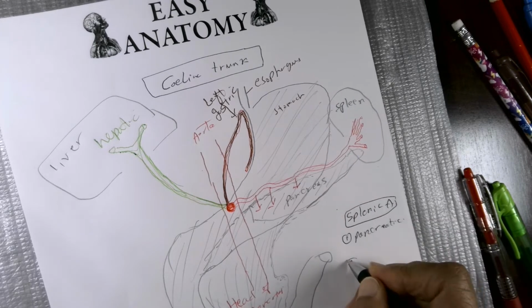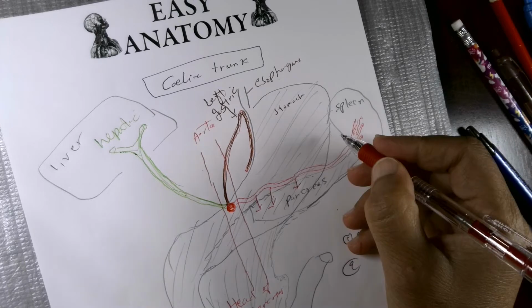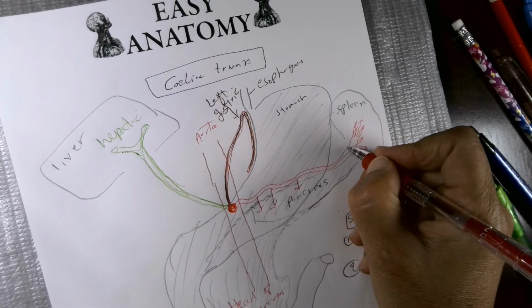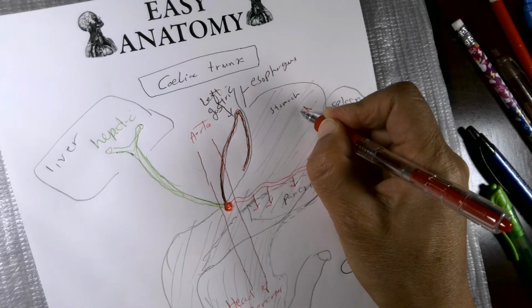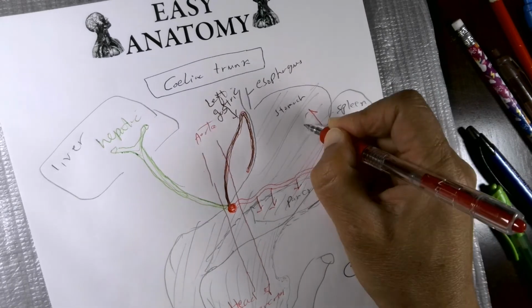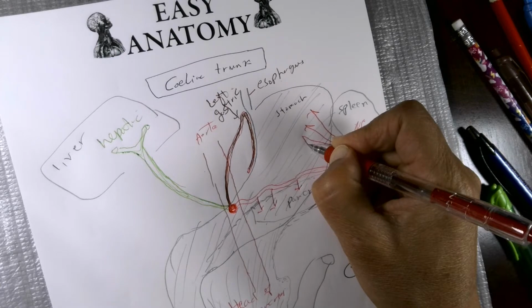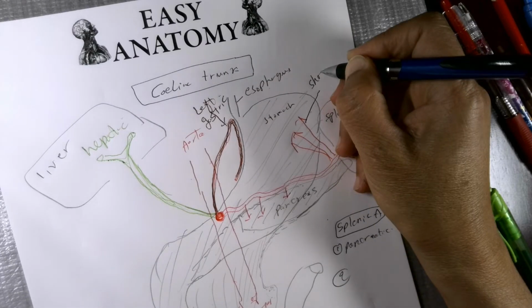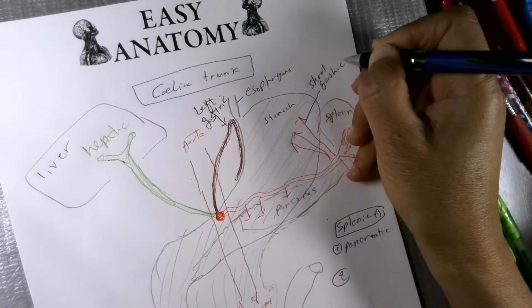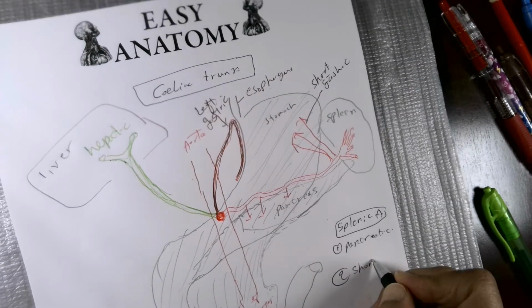What are the second branches? Short gastric arteries. You see, those are going to the fundus of the stomach. Few branches are going, short gastric.